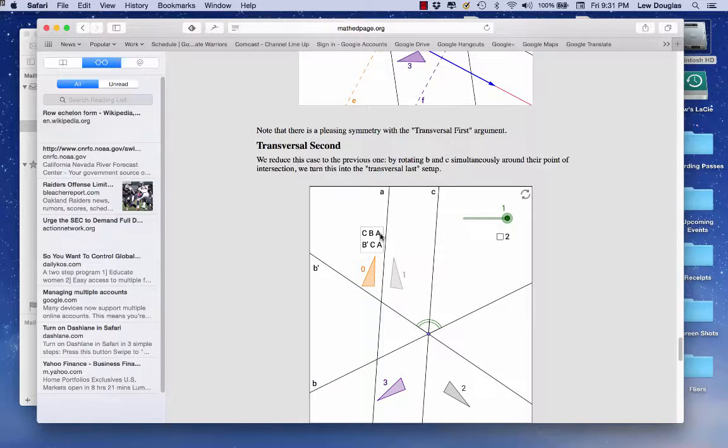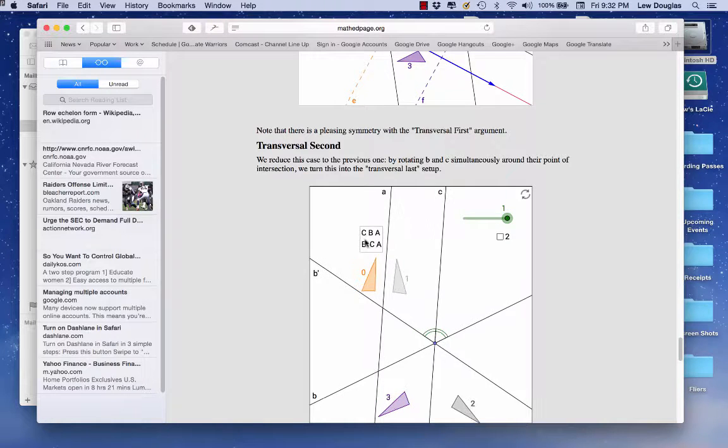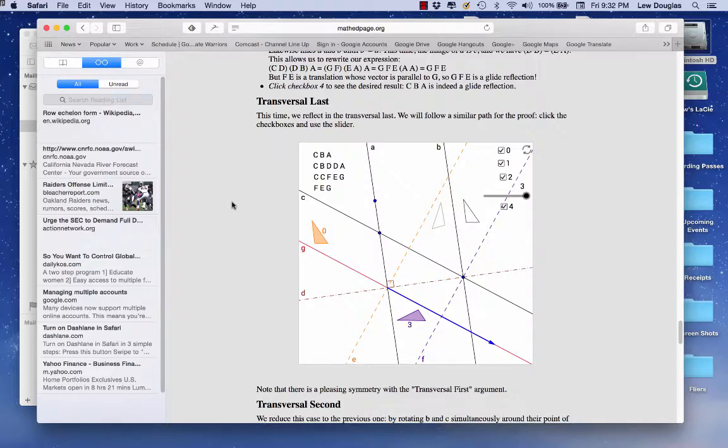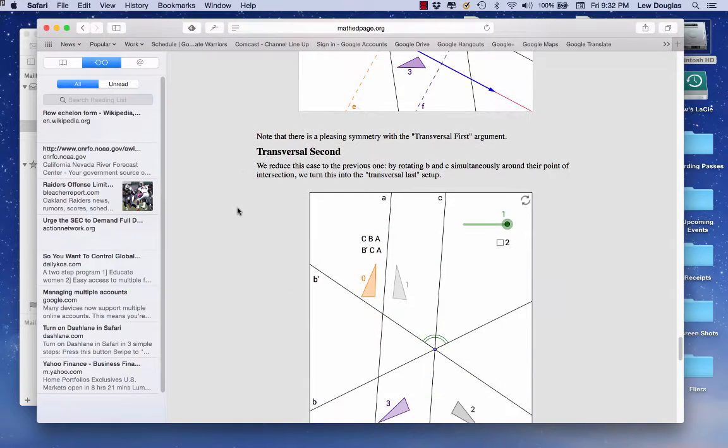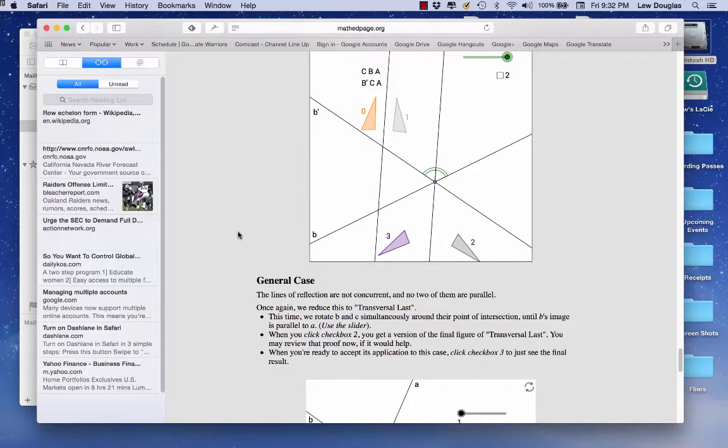So now A, B, C is equivalent to A, C, B prime. A and C are parallel, and B prime is a transversal, so we've reduced it to the transversal last case, which was the previous one up here. And that's the crucial thing.